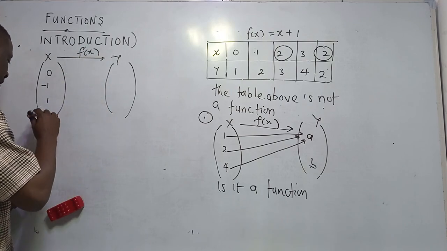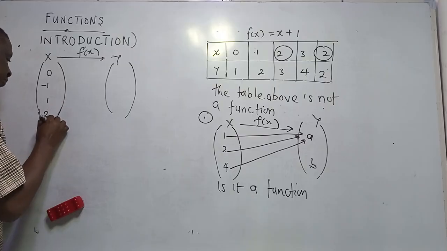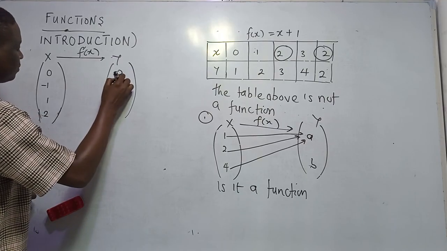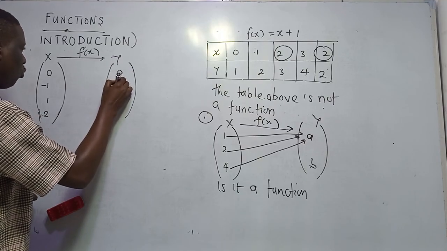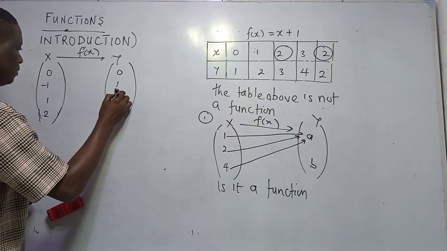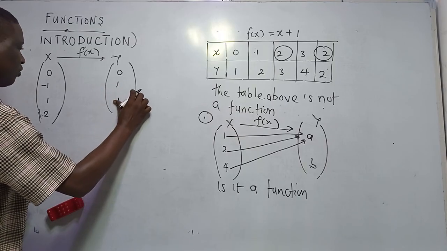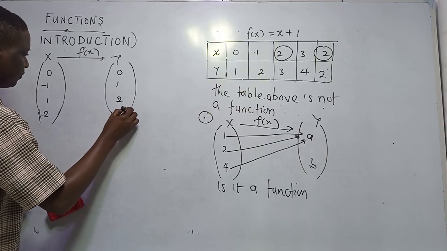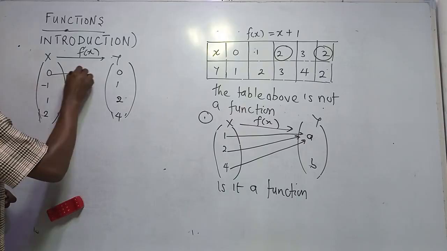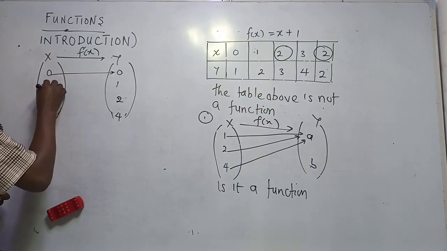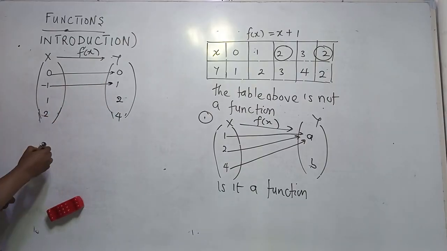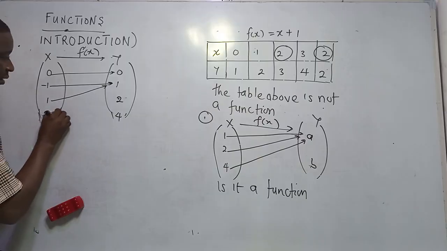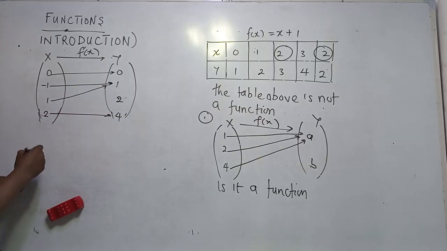Now, if I give you something like this, 0, let's say 1, let's say 2, sorry, and let's say 4. Now I have this one linked up with this, this one linked up with this, and this one linked up with this.